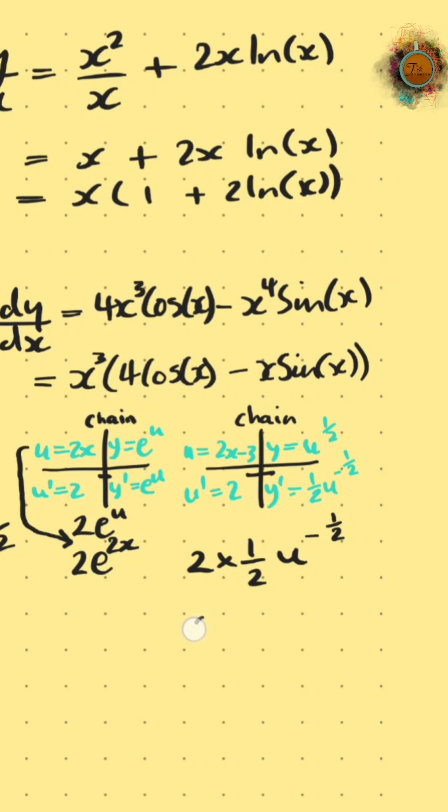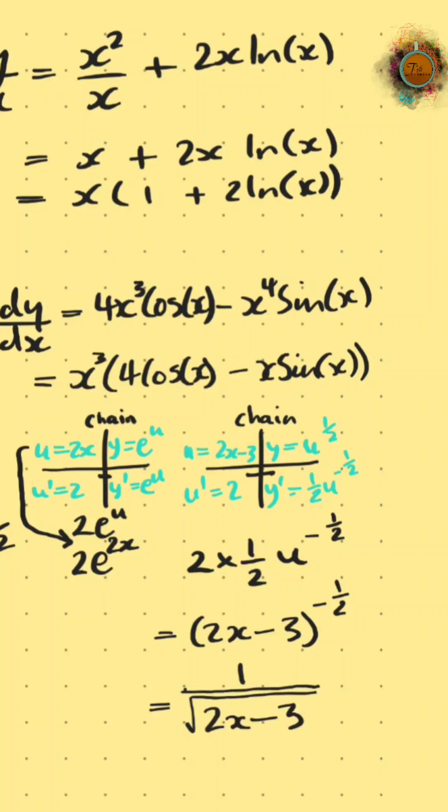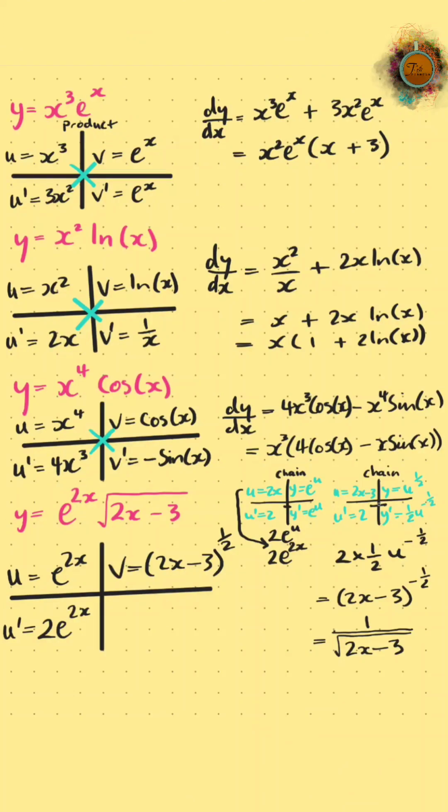Okay, that's really good. U was 2x minus 3. If you want to, so that's 1 over the square root. What have we just found? We found the result of our chain rule. In this sense, it's our bottom right element, so v dashed. It might be best at this stage to be writing it like this though, because we're about to multiply things.